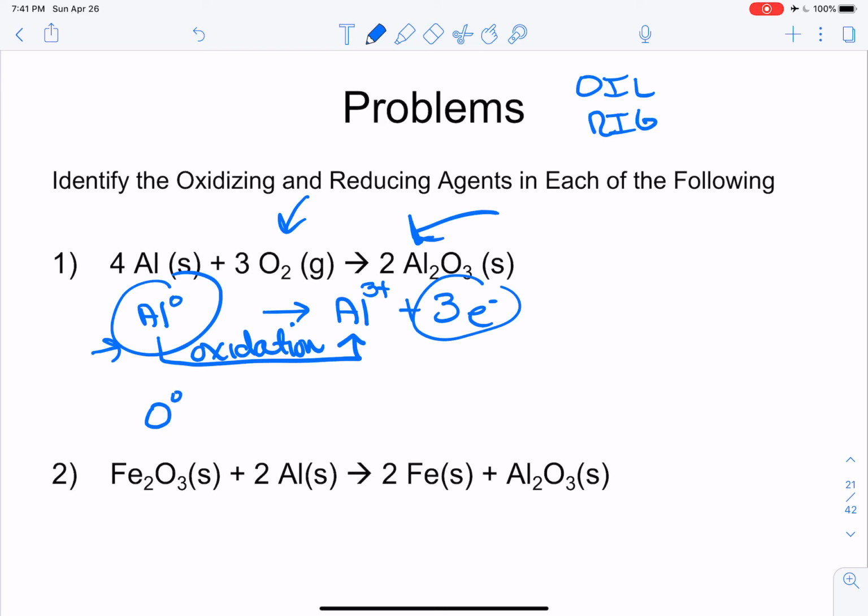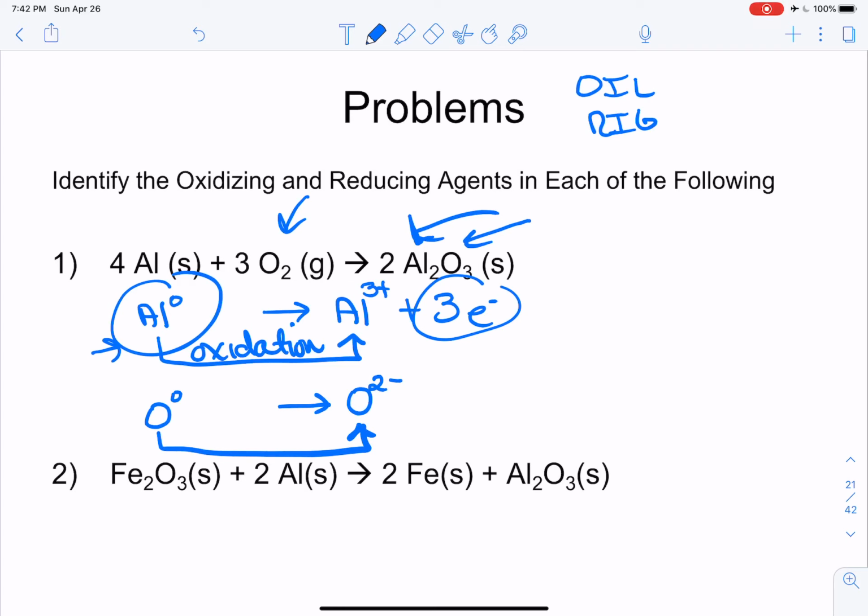And it's going to have that oxidation state of 0 because it's in its natural state. And something's going to happen to it in order to change it into the oxygen that's in that compound there. Now, the oxygen that's in that compound, if we think about ionic compounds, we know the oxygen always does -2. Now, how do you go from 0 to -2?